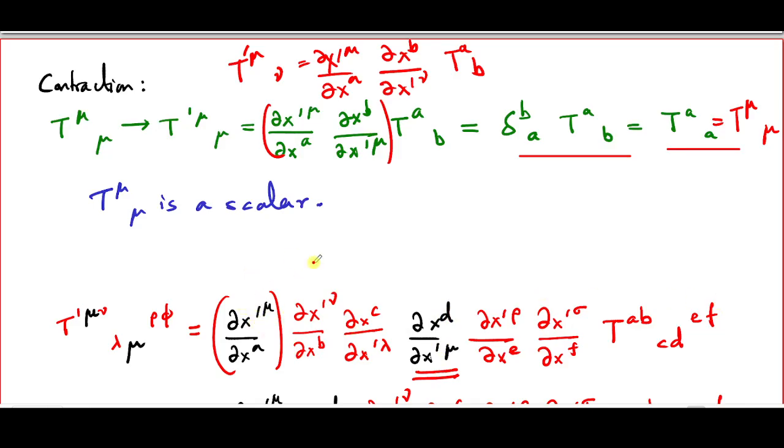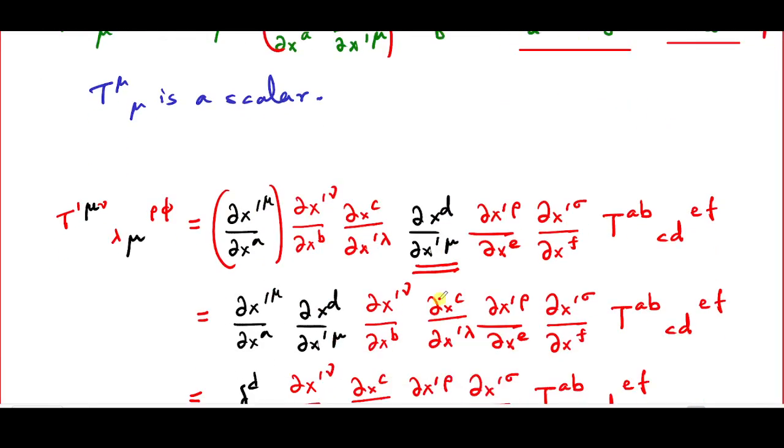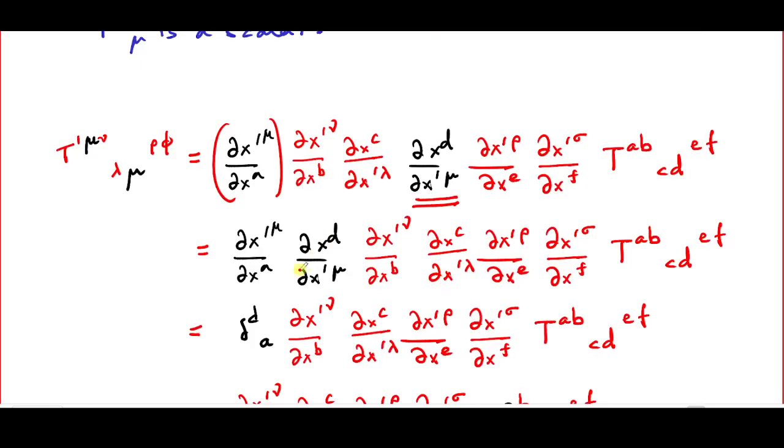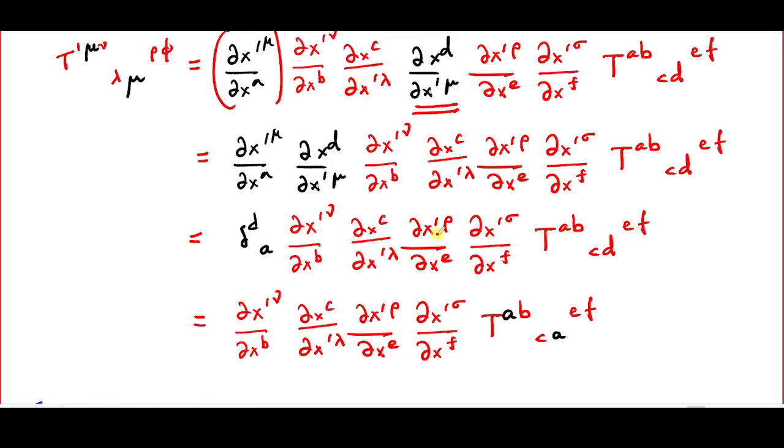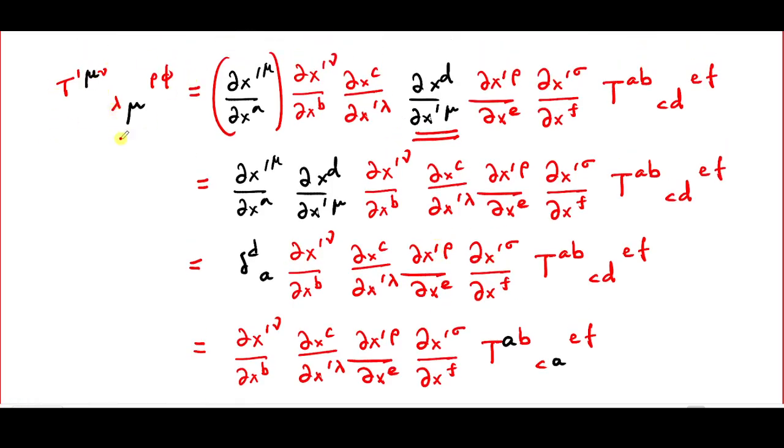But notice that if you take these two terms together, del x prime mu over del x a and del x d over del x prime mu, and sum up over mu, this is nothing but the partial derivative of x d with respect to x a, so delta d a, and therefore you still have these four transformation coefficients, three vector transformation coefficients corresponding to nu, rho and phi, and one covector transformation coefficient corresponding to lambda.